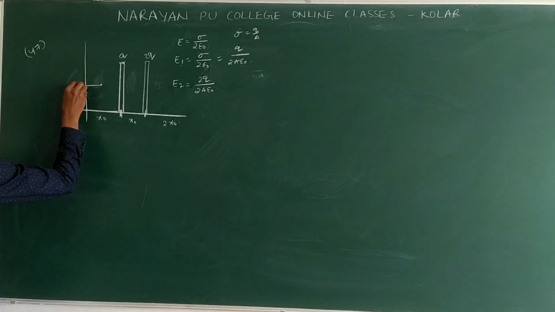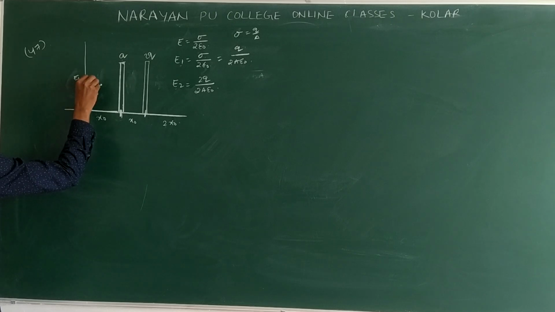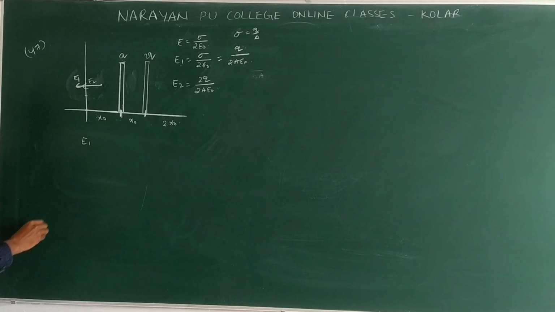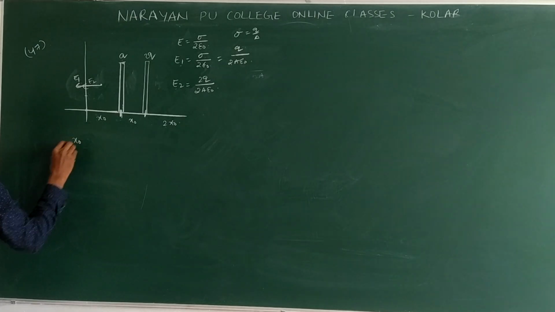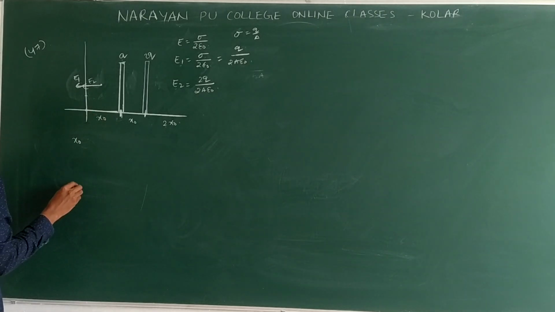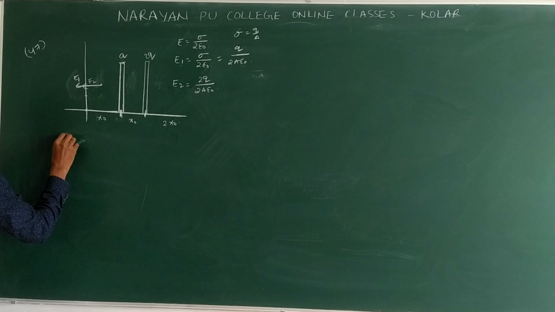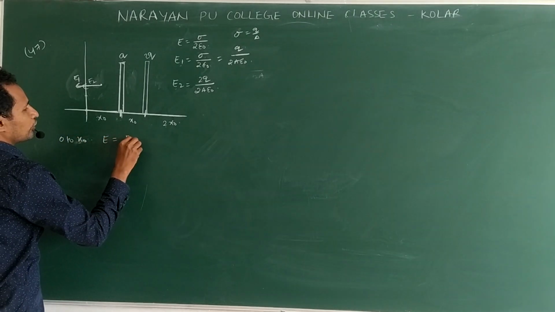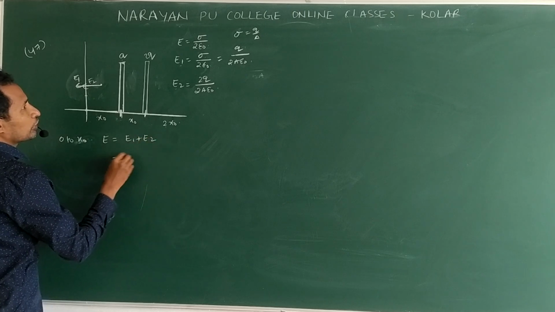Now come to this region, less than x naught. Here the E1 field acts like this, and the E2 field also acts in the same direction. So from 0 to x naught, the field is E equal to E1 plus E2.